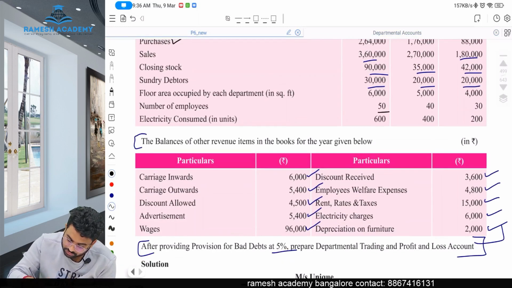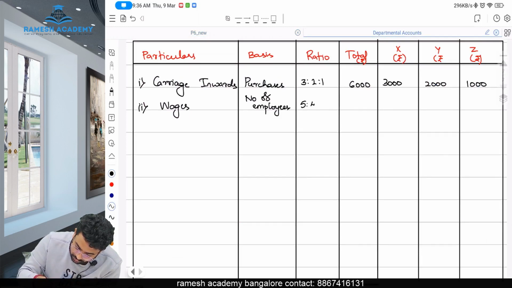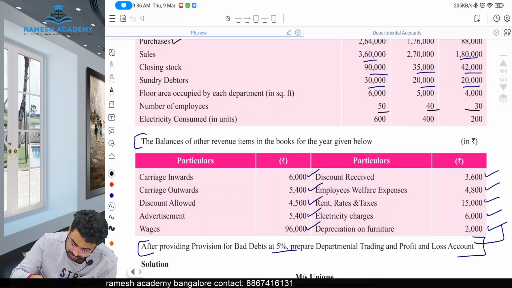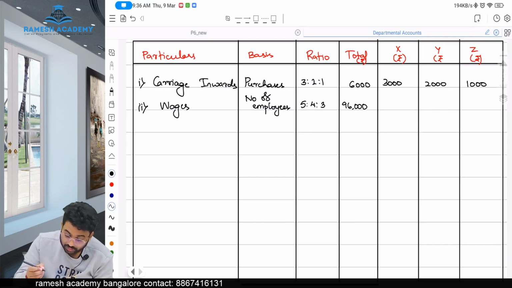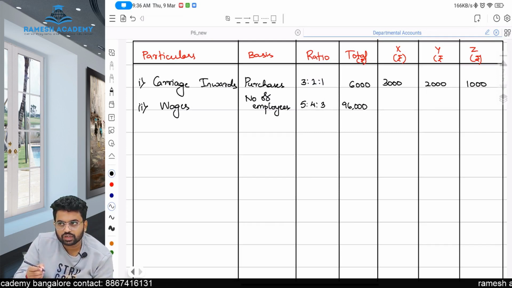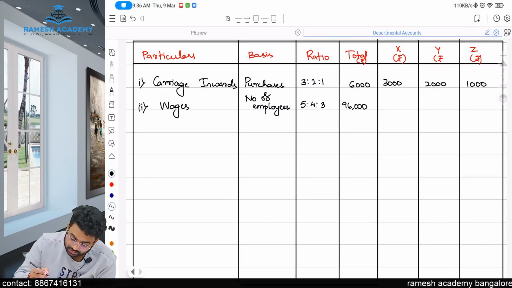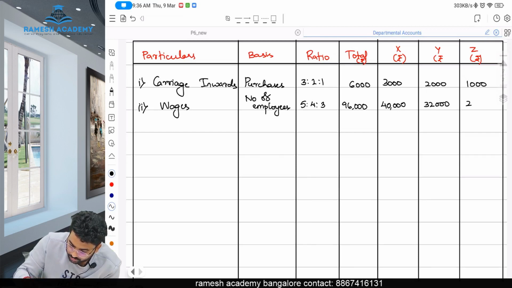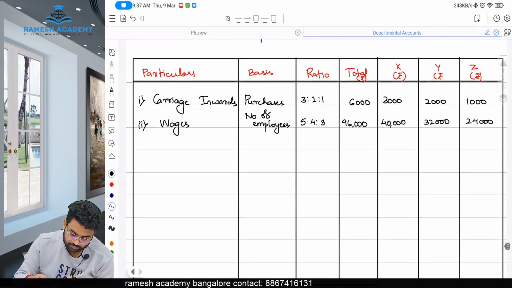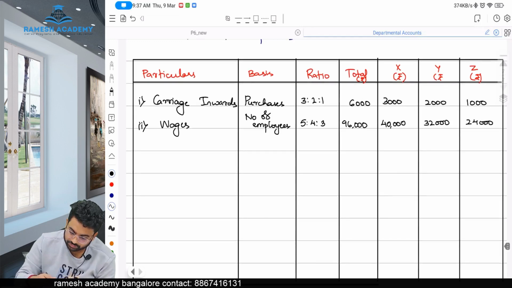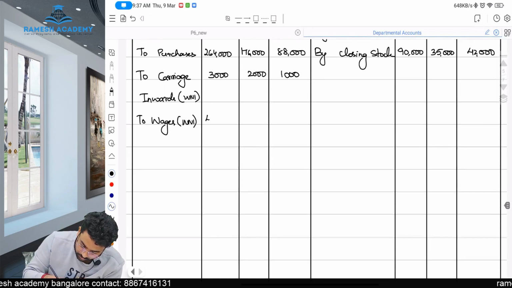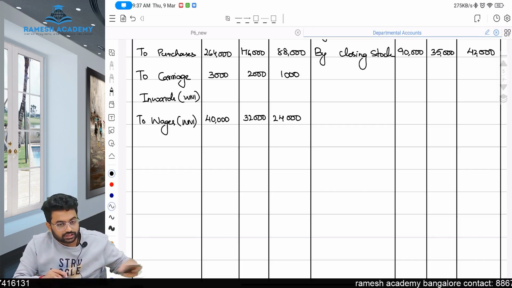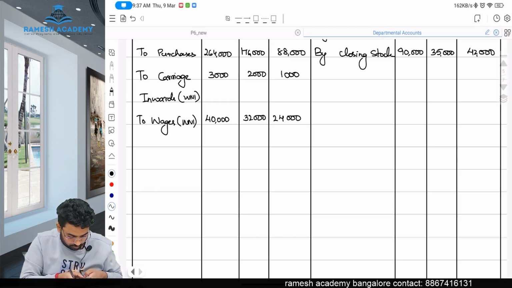The number of employees ratio 50, 40 and 30 is basically 5:4:3. 96,000 divided by 12 comes to 8,000. So 8,000 into 5 is 40,000, then 32,000, and 24,000.